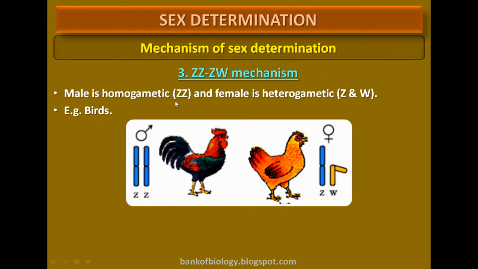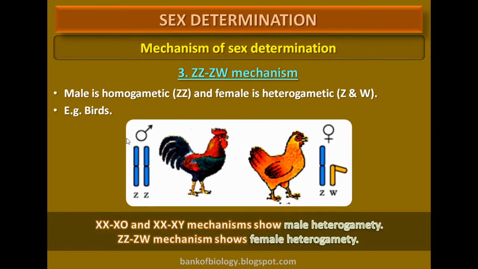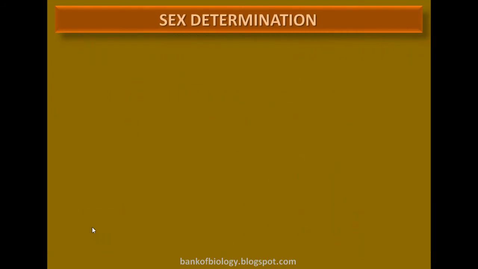So male is homogametic, represented by ZZ, and female is heterogametic, represented by Z and W. This is found in most birds. So in insects we find the XX and XO mechanism, whereas in birds we find the ZZ and ZW mechanism. XO and XY mechanisms show male heterogamety, whereas ZZ and ZW mechanisms show female heterogamety.